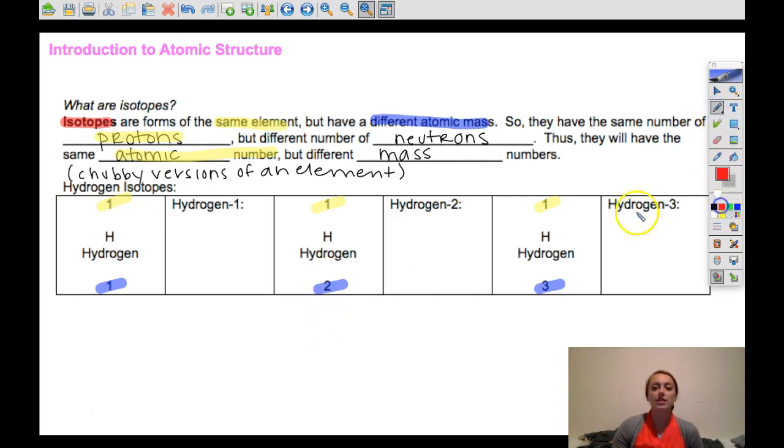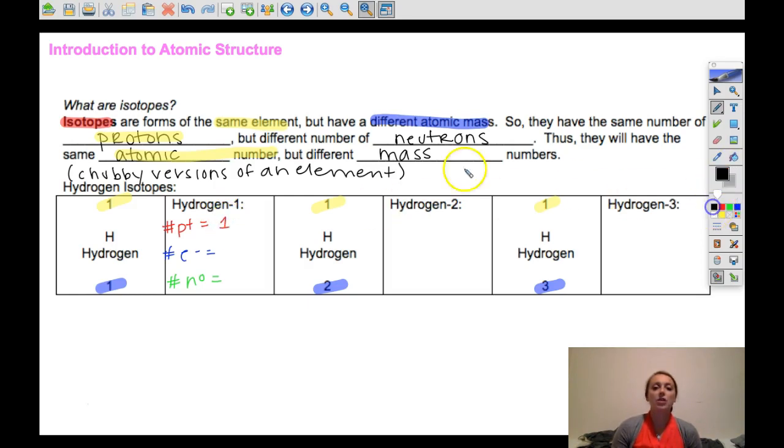In our last lesson, we learned how to calculate the number of protons, the number of electrons, and the number of neutrons. So as a refresher, the number of protons is found by looking at the atomic number, which in this case is 1.